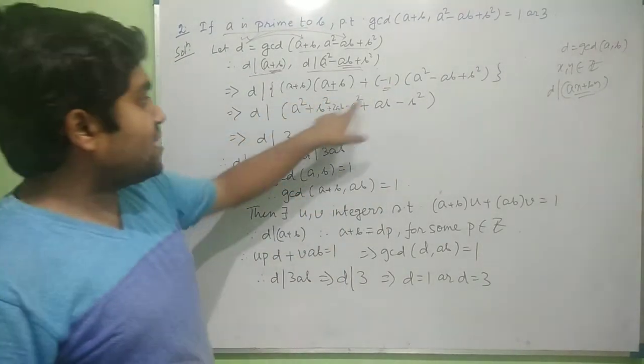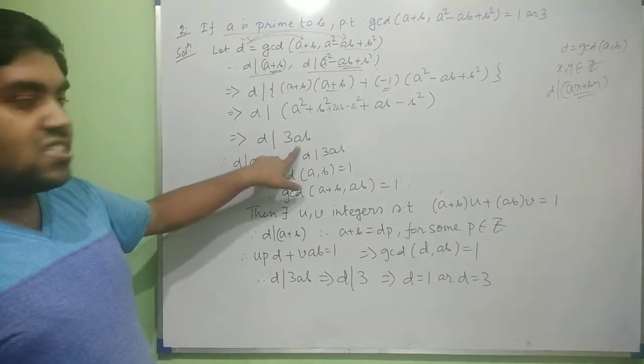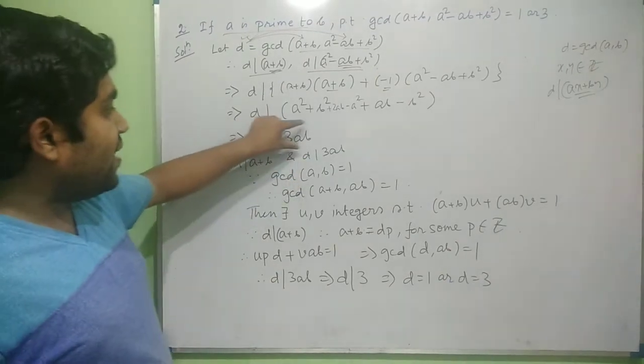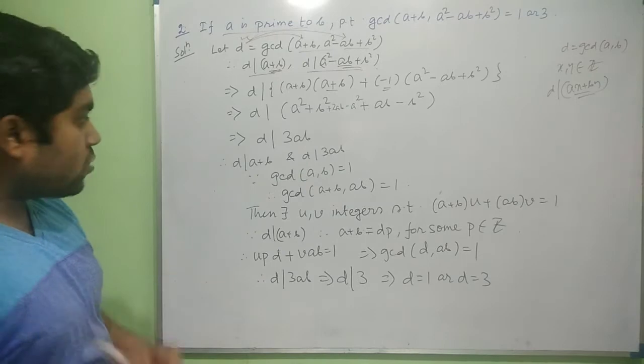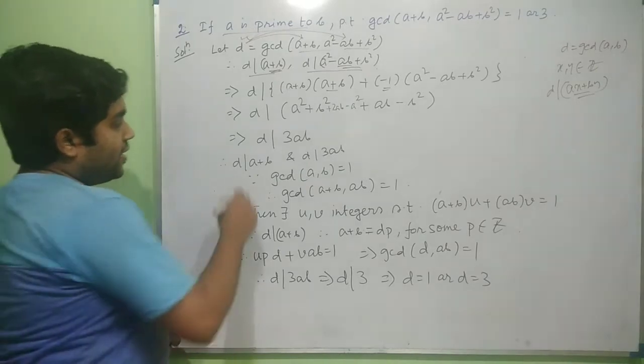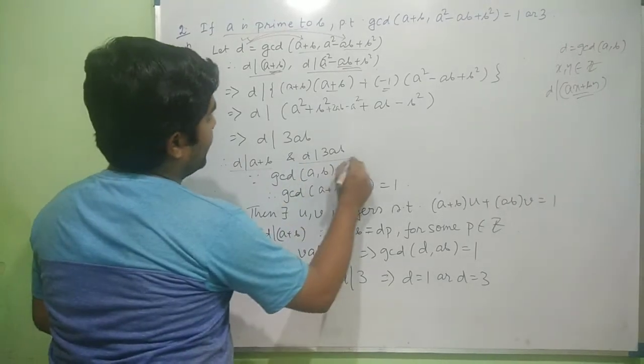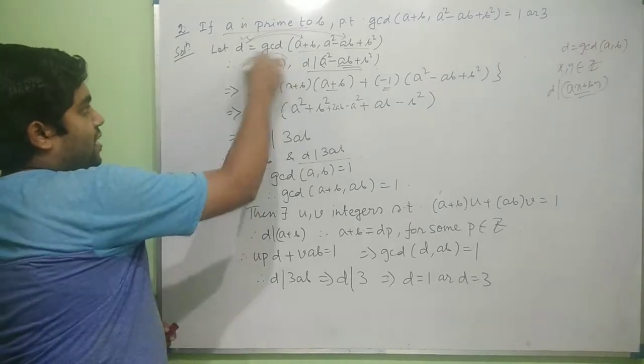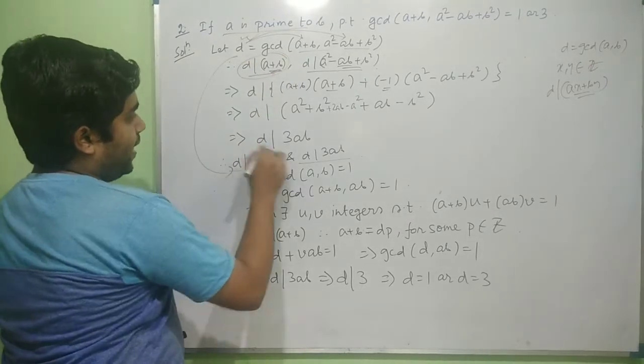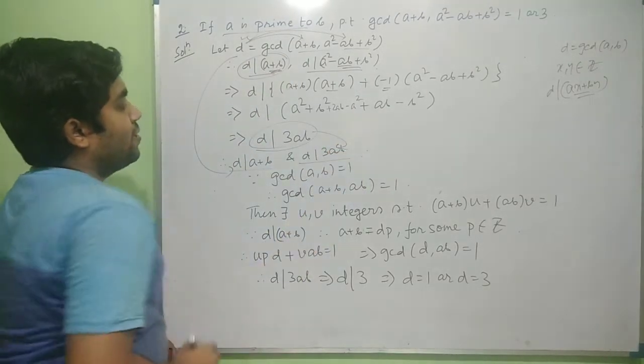This implies that D divides 3AB, and D divides 3AB is an important result. Clearly D divides A plus B and D divides 3AB.